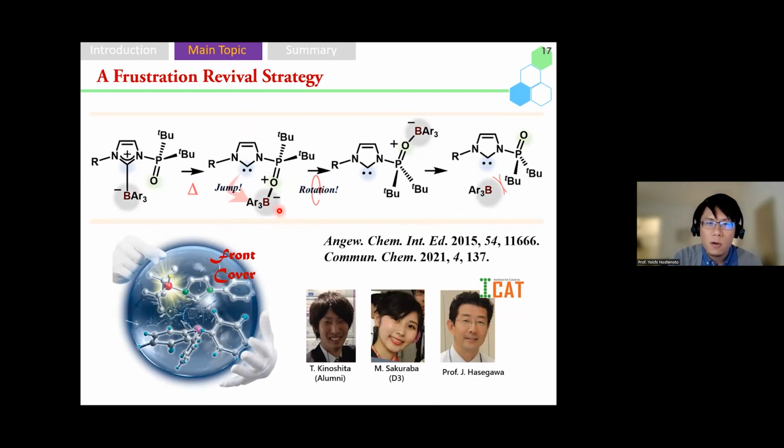Then rotation of phosphine oxide separates boron and carbene, and dissociation of this O-B bond and recombination gives FLP. Okay, let me summarize this topic. We have developed N-phosphine oxide substituted imidazolidine Toxins and demonstrated thermal responsive interconversion between stable carbene-boron CLA and reactive FLP species using characteristic rotation of the N-phosphine oxide unit.